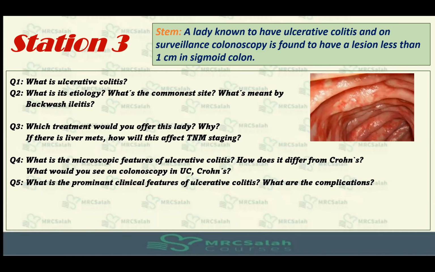Intestinal obstruction. Yes. However, I doubt intestinal obstruction and fistula formation are more common in Crohn's. Yes, they are common in Crohn's disease. Stricture, ulcer and obstruction are more common in Crohn's, not in ulcerative colitis. Yes. So the prominent features, as you said, colicky abdominal pains, diarrhea, tenesmus, bleeding rectum. And the complications, as you said, toxic megacolon, there may be abscess formation, and malignant transformation is very important. Okay.